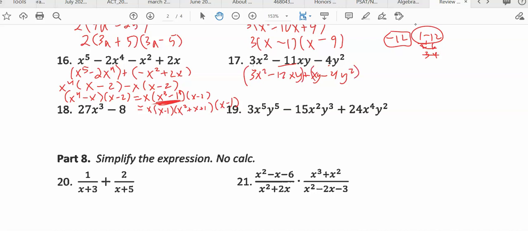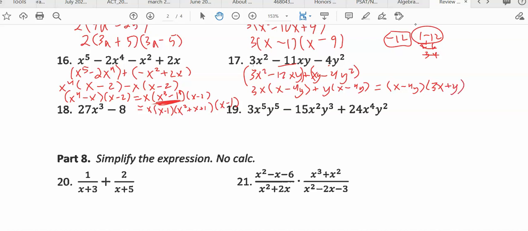It looks like it's going to be 3x times x minus 4y plus y times x minus 4y. And so we get the result, it does match there. So one of them is x minus 4y, and one of them is 3x plus y.